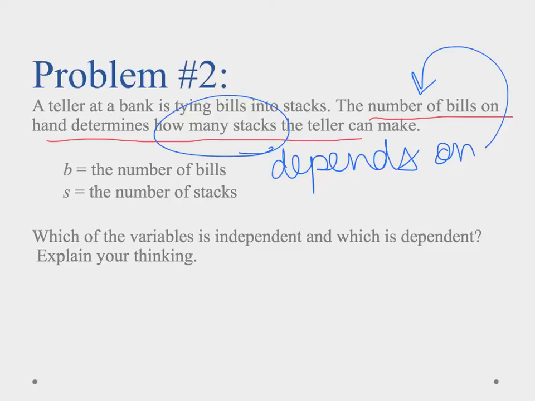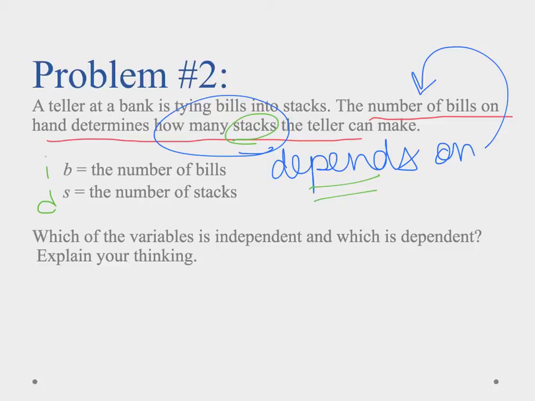So it's probably safe to say that the number of bills we have is the independent variable, and the number of stacks we have is the dependent variable.